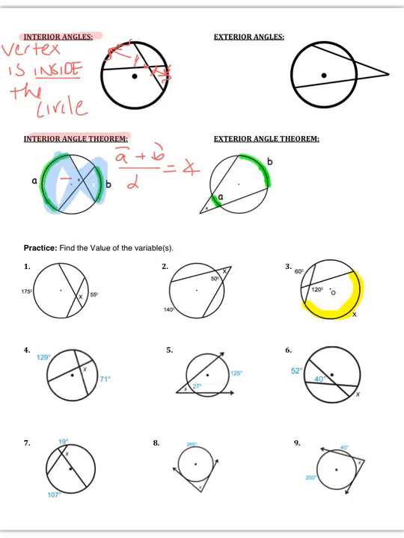Now, if we go over here and talk about an exterior angle, guess where the exterior angle's vertex is? Outside the circle. Oh, you're so smart. Let's say its vertex is outside the circle.